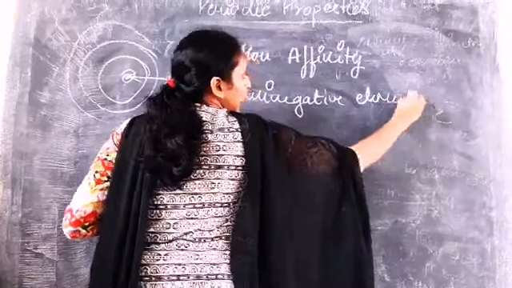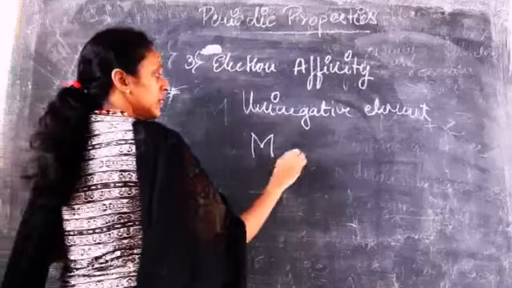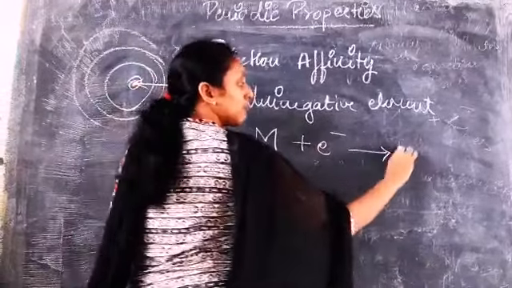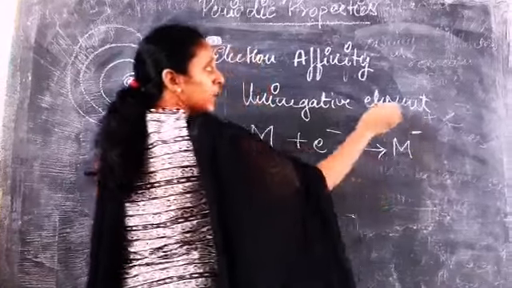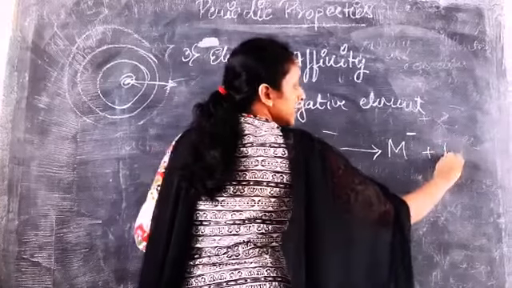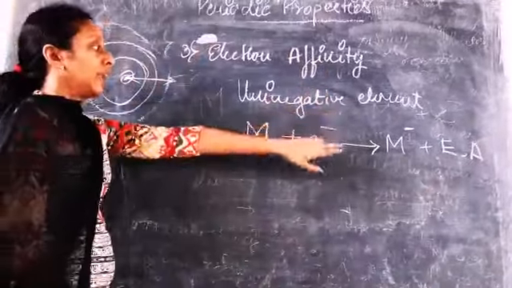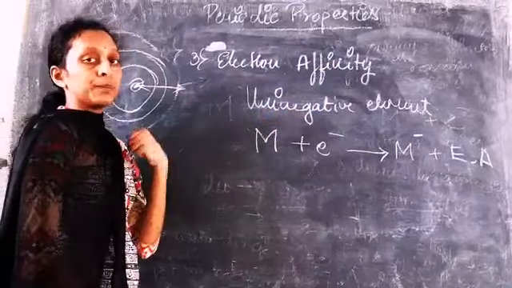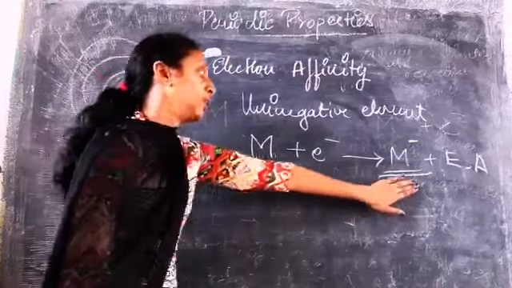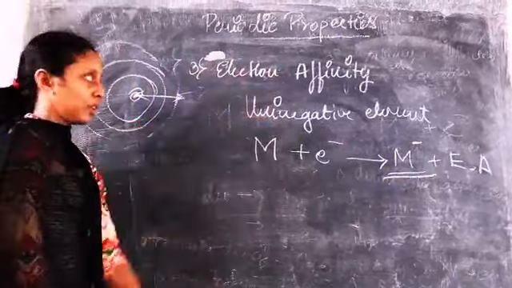If you take M, to take up one electron, it will form M negative because it will take up an electron. The energy released when an isolated atom takes up an electron to become the uninegative element is the electron affinity. So this is the concept of electron affinity.